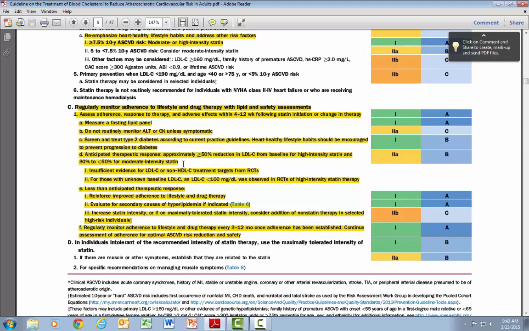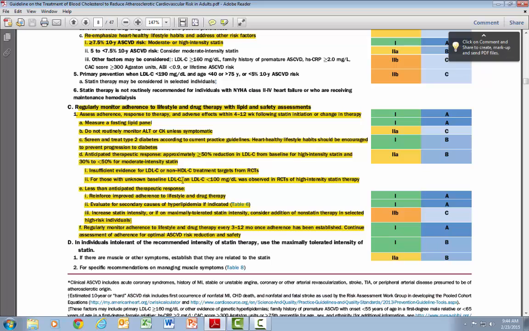So using a fixed dose of 80 milligrams of atorvastatin, the LDL was reduced more than 50%, compared to 30 to 50% when atorvastatin 40 milligrams or moderate intensity statins were used. This is very important for your examination.